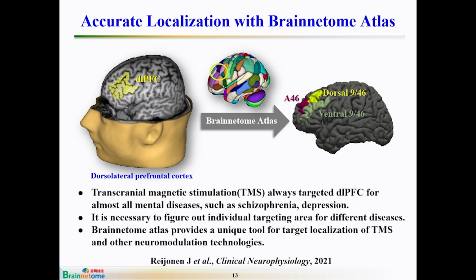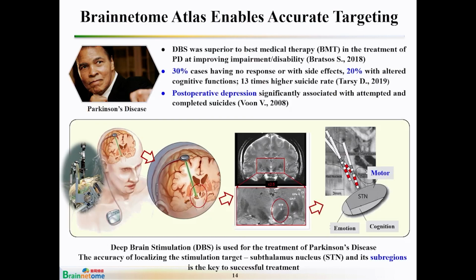From the Brainnetome, the dorsolateral prefrontal cortex is divided into at least 4 to 6 different parts, and the different subregions have different functions. So here I just try to show you that using the Brainnetome, you may be able to find the accurate localization.